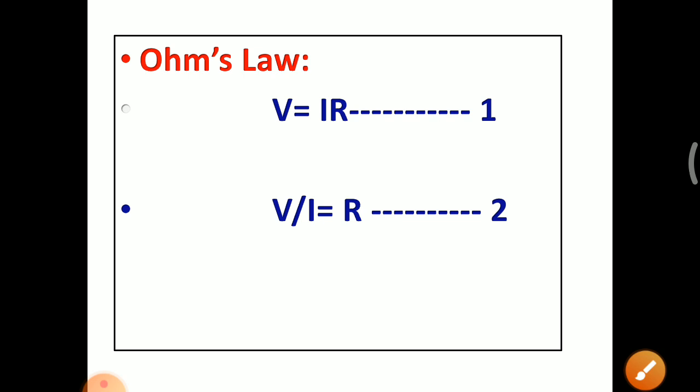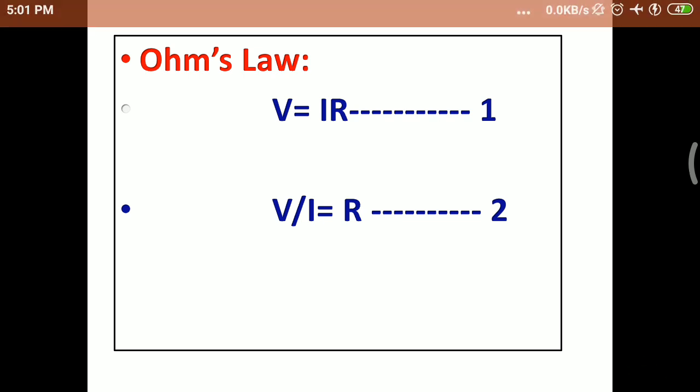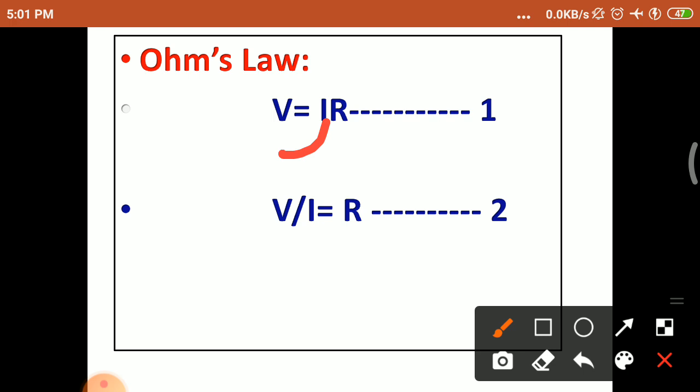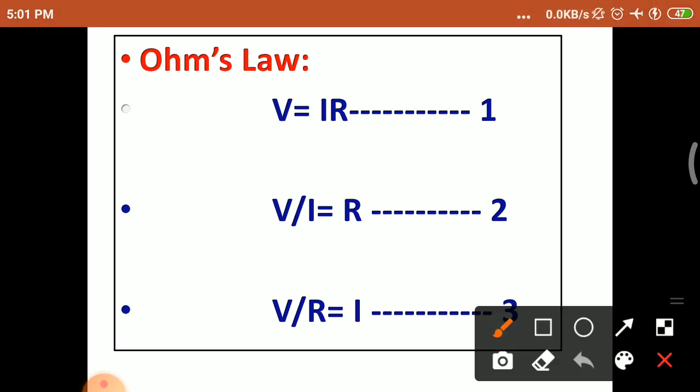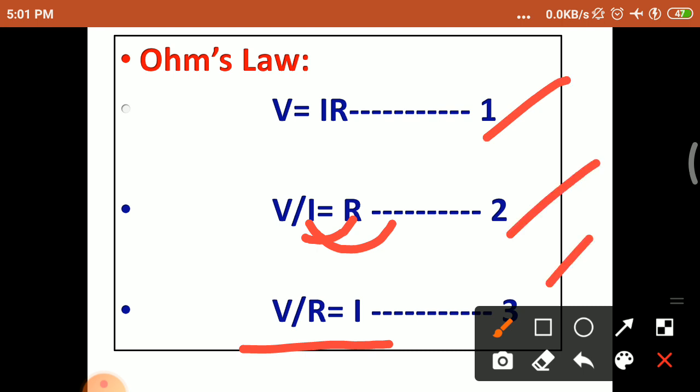R equals V by I, when I comes to this side. The next one, V by R equals I, so if R comes over, I goes here. So V by R equals I. These 3 formulas are very important for numerical problems related to Ohm's law.